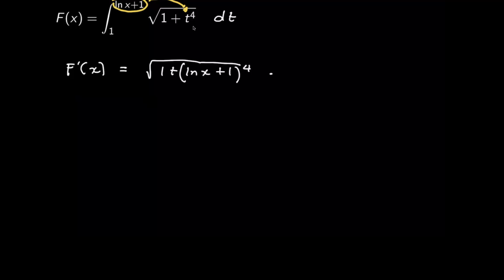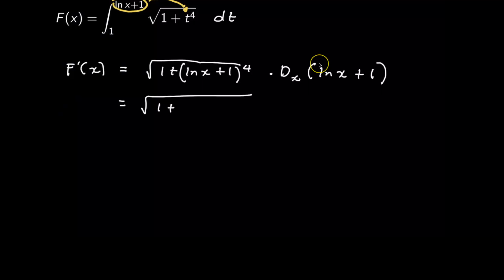But don't forget to multiply it with the derivative of this expression, derivative of ln x plus 1. So for this one, it's okay to just leave it as the fourth power of ln x plus 1. And then the derivative of ln x plus 1 is 1 over x. That's it. That is our f prime of x.